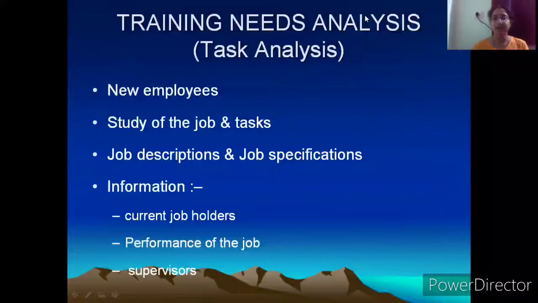It can also be collected from the immediate reporting authority. Or it can also be collected by actually performing the job. So for relatively unskilled work, supposing a person is trying to do a task analysis, by literally doing that work, they will understand what the different tasks are, what expertise or skills are required to do the task, and accordingly training can be imparted.